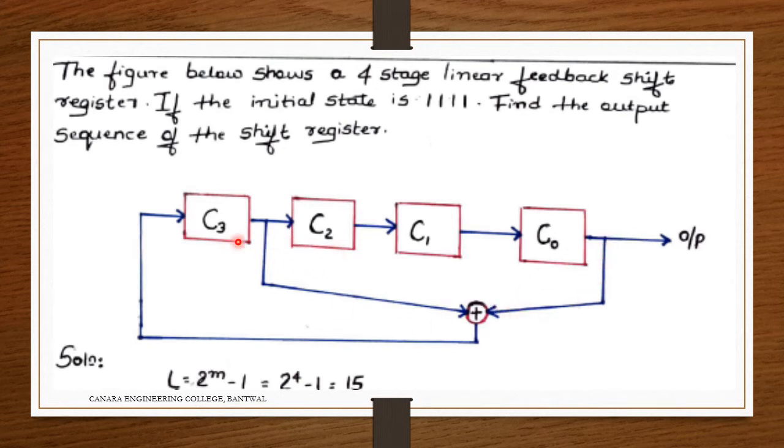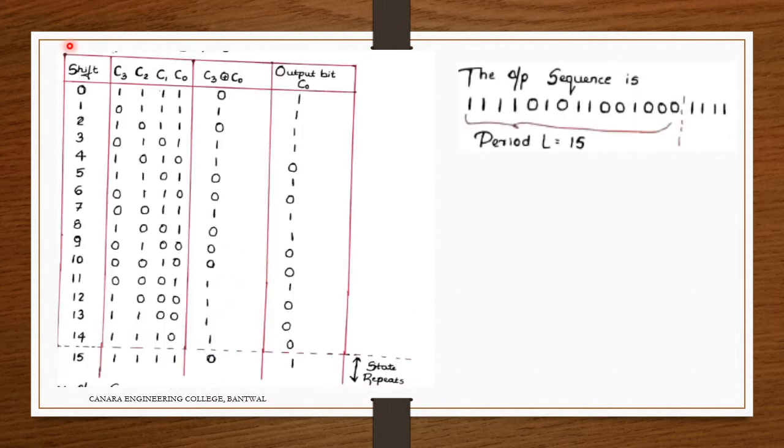C3 and C1 are added modulo 2, and that is getting fed back into C3. So that table has to be considered. Initially what they have given is C3, C2, C1, C0, and C3 and C0 are added like that. The output bit is C0.